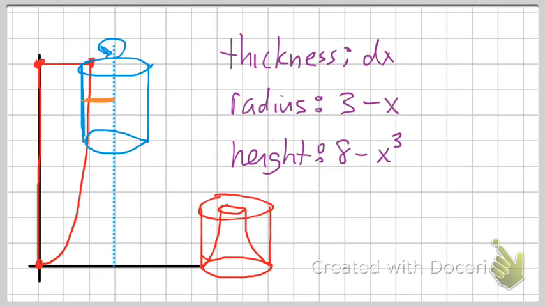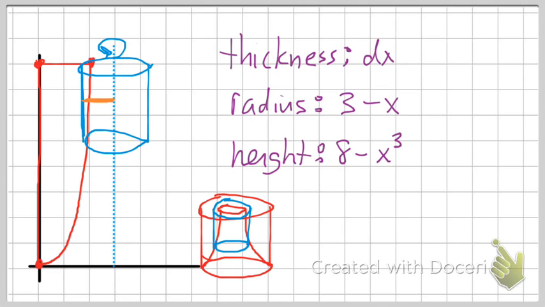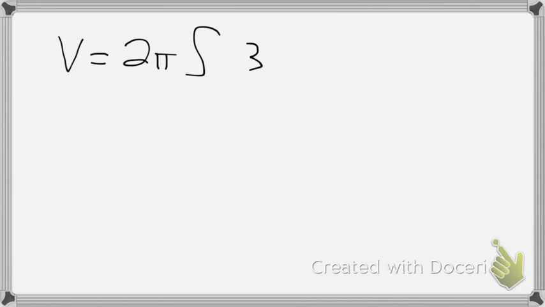And we're filling that with shells. This was the one shell that I drew, but we're filling that whole region with shells. So volume, 2 pi, radius, height. So that would wind up being 3 minus x times 8 minus x cubed, right?